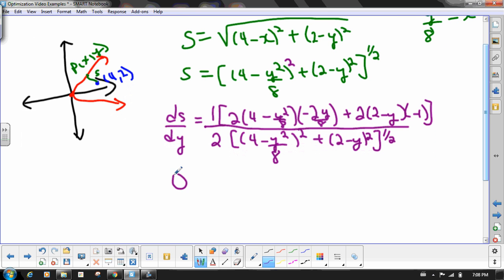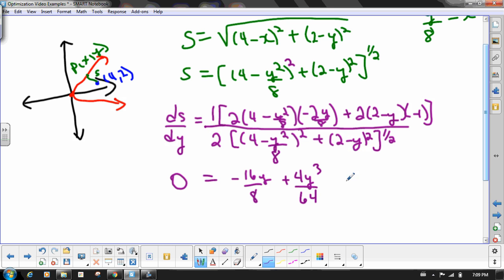So now I'm going to simplify this. When I expand through the bracket, I have 2 multiplied by 4, which is also multiplied by negative 2y over 8. So that is going to give me negative 16y over 8. Then I'm going to have plus 4y cubed over 64.